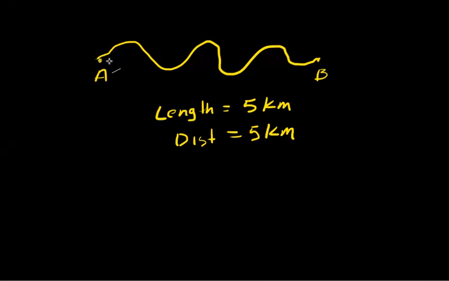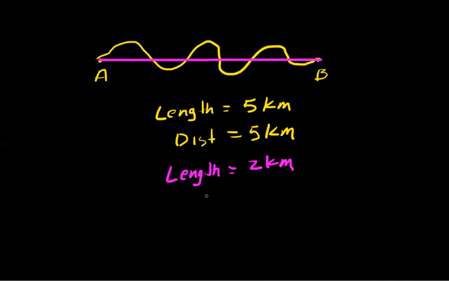So the shortest distance between the starting point and the ending point is this pink line. Let's say its length equals 2 kilometers. So we can say displacement equals 2 kilometers.